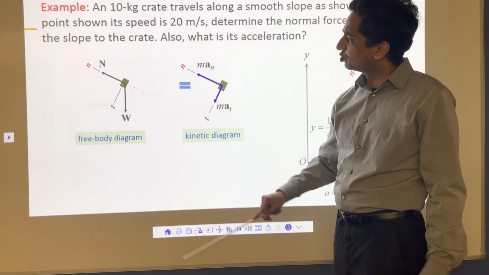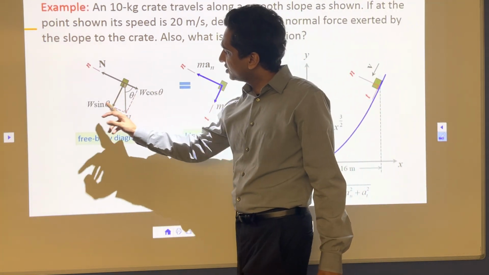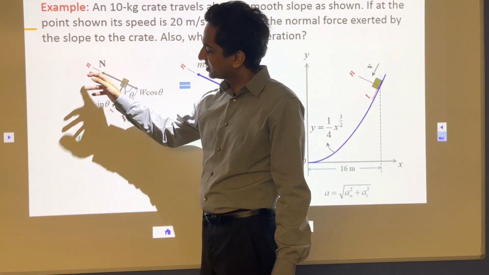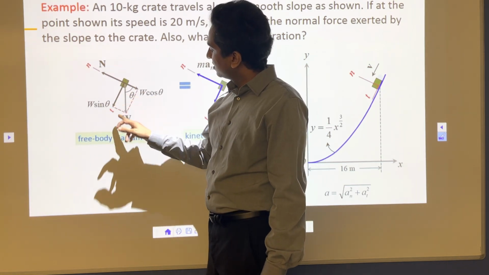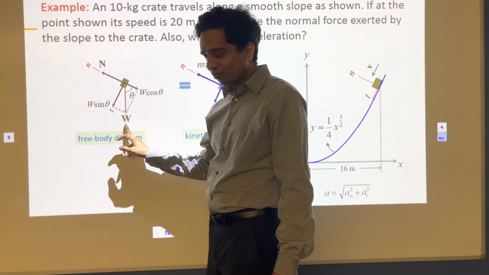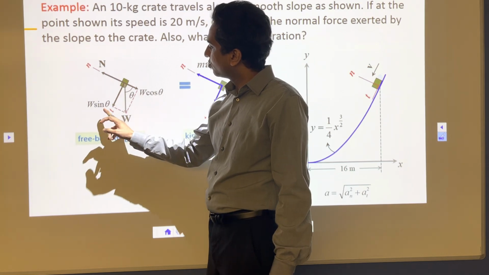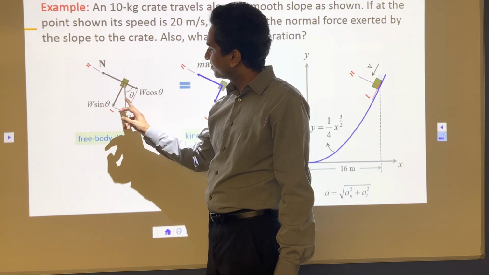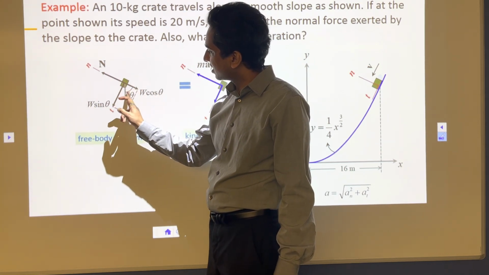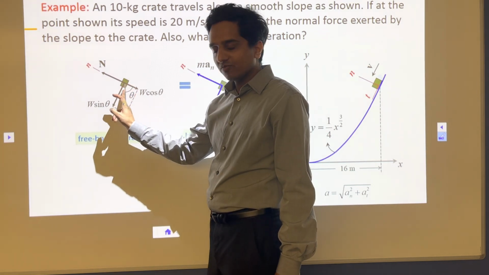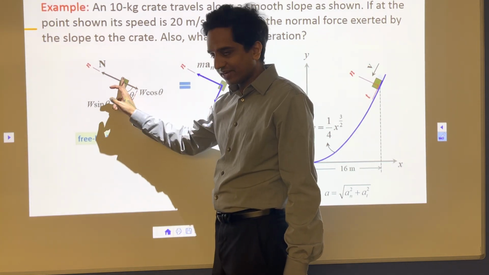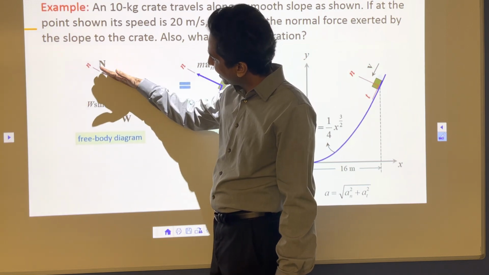For these forces, the normal direction force is already along the normal direction, so I don't have to worry about that. The weight acting downward I have to resolve into two components, w sin theta and w cos theta, where theta is the angle the weight makes with the normal plane.